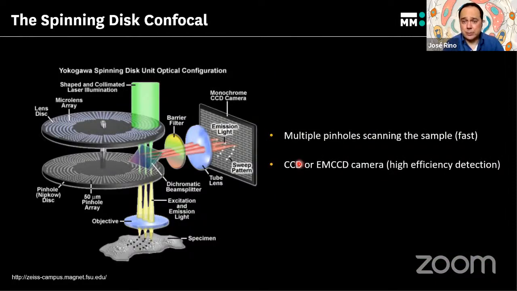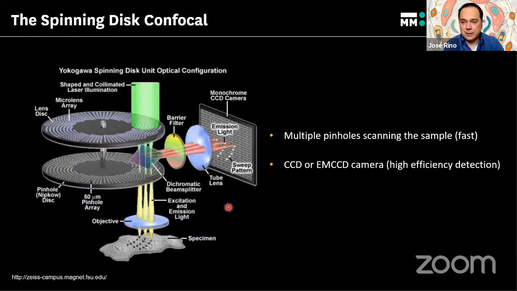So with the spinning disk, we use multiple pinholes to scan the sample, so it's very, very fast. And because we are doing this for a given field of view very fast, we don't really need a point detector. We can use a camera, a CCD or EMCCD camera that Telmu told you about in the last talk.